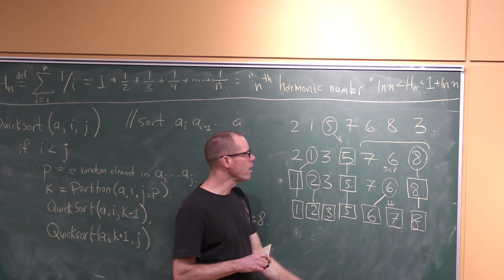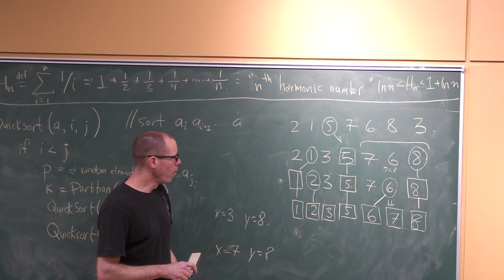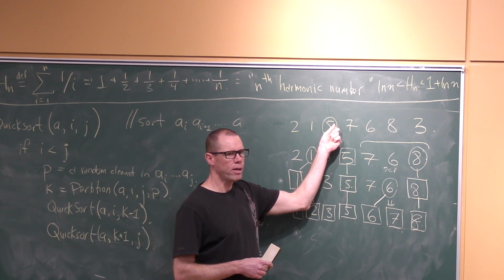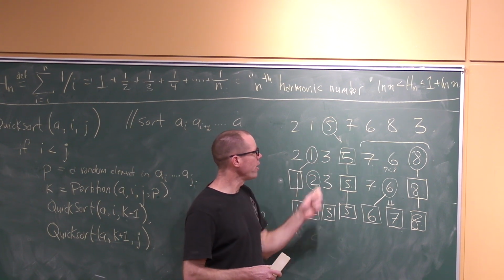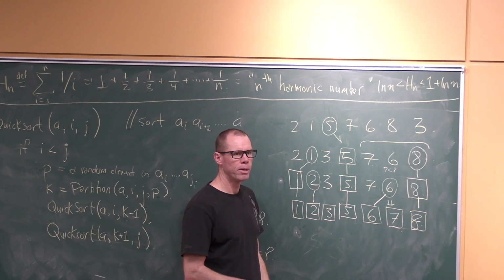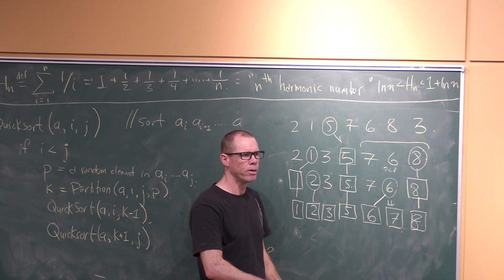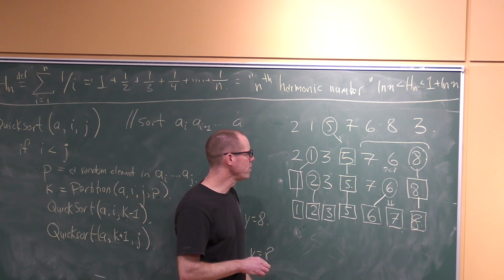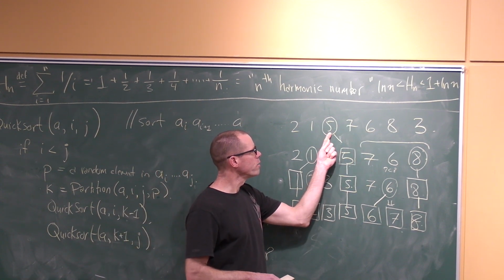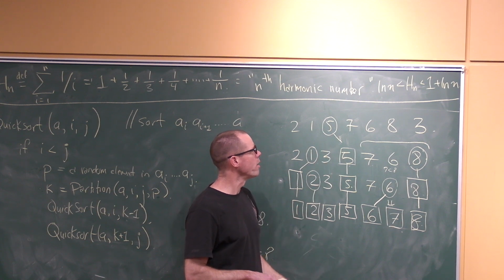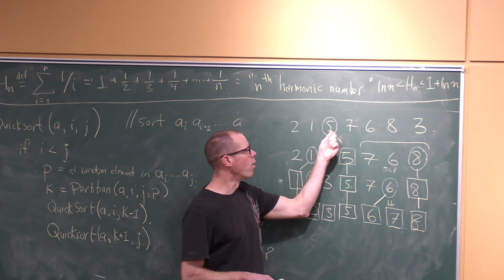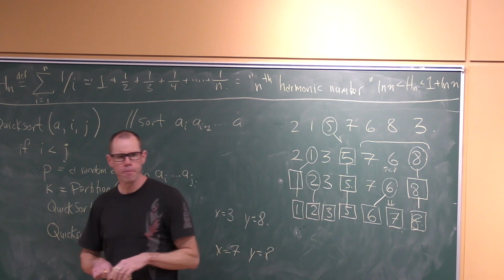And that's because one of them was chosen as a pivot first, and when that happened, they were still both in the same subproblem, because there's nothing that could have split them into 2 different sides. Okay? So let's see, 6 minus 5 plus 1 is 2, so the denominator is 2, and the numerator is 2, so with probability 1, 5 and 6 got compared.